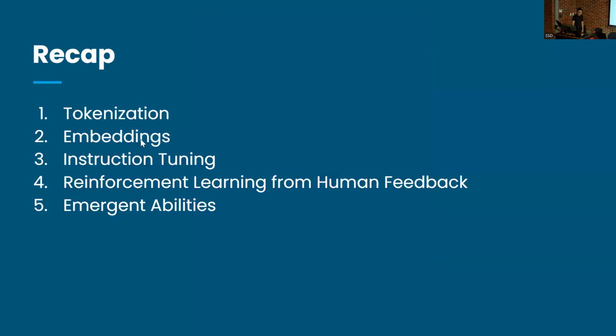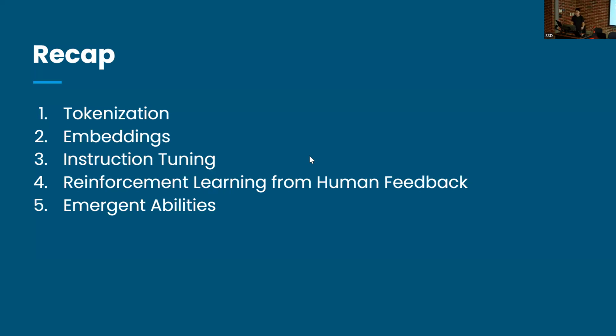Okay, so to recap, we went through five things today. The first is tokenization. How do we convert some gigantic amount of text into smaller units called tokens? We talked about different levels of tokenization: character level, word level, and subword level tokenization, which is the most commonly used today for its effectiveness. Second, we talked about embeddings, which are essentially vectors that represent tokens.